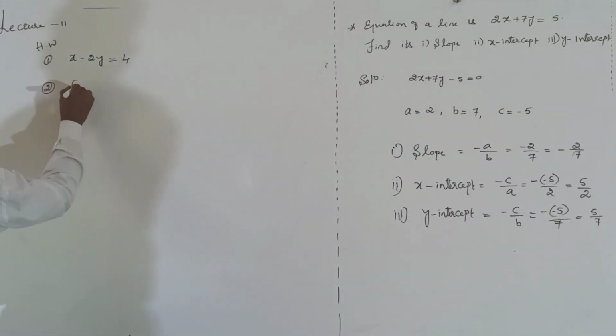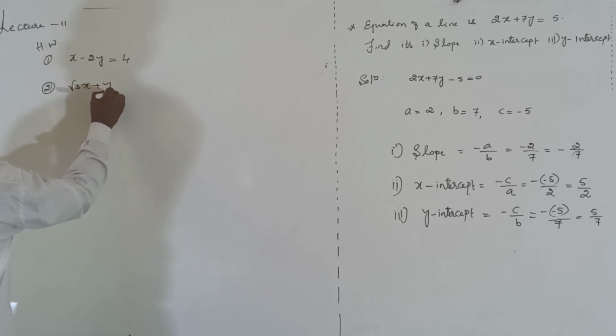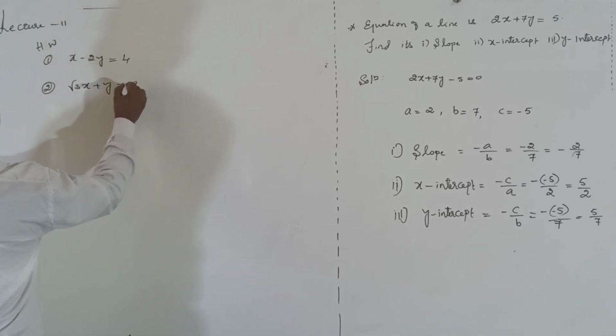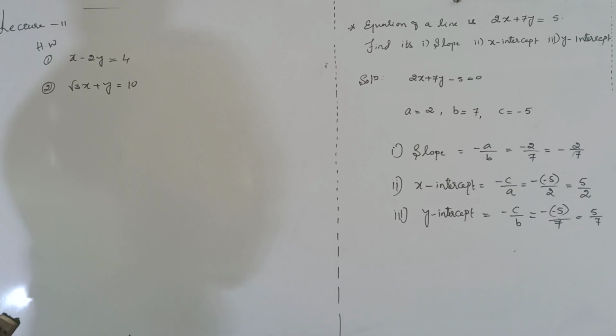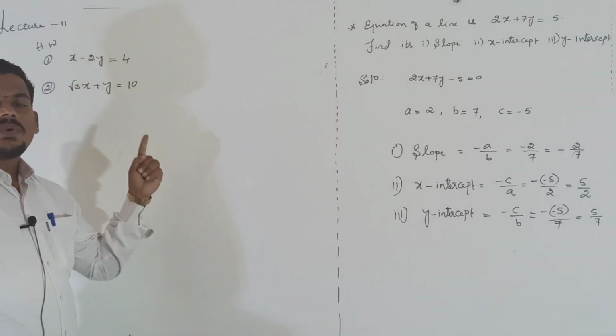Second question, root 3x plus y is equal to 10. Find its slope, x-intercept, y-intercept.